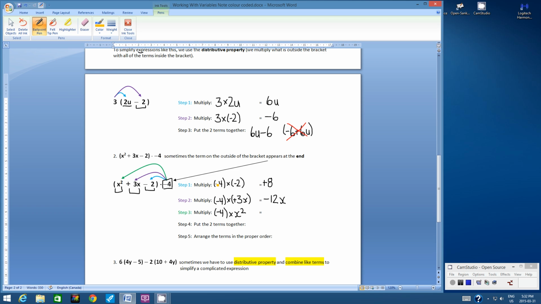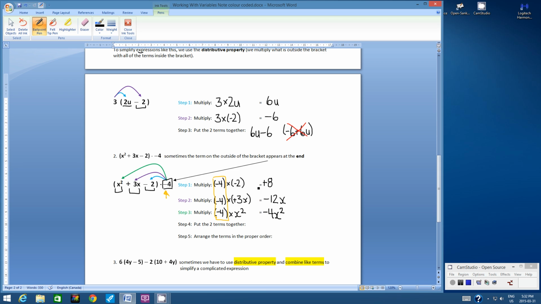You'll notice that the first thing that we're multiplying by is always the same, because it's whatever is on the outside of the bracket. Okay? All right. So what's -4 times x squared? Well, that's -4x squared. -4 times 1x squared is -4x squared.